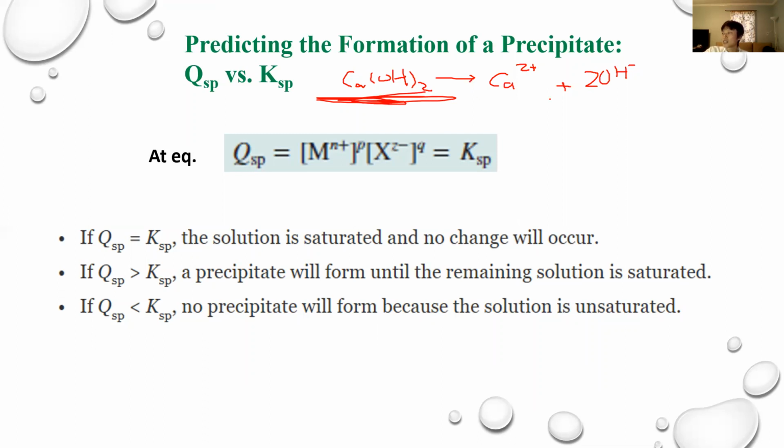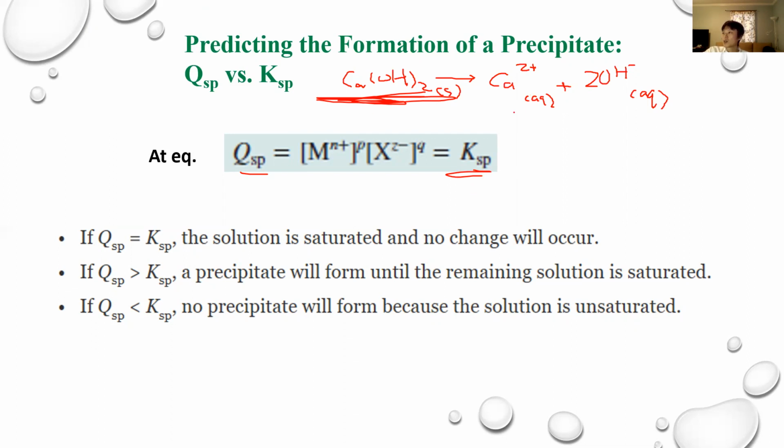Or the other way, say if you mix cations and anions, you want to see whether you can produce a solid or not. So for both types, we can use the Qsp and the Ksp to solve the related problem.